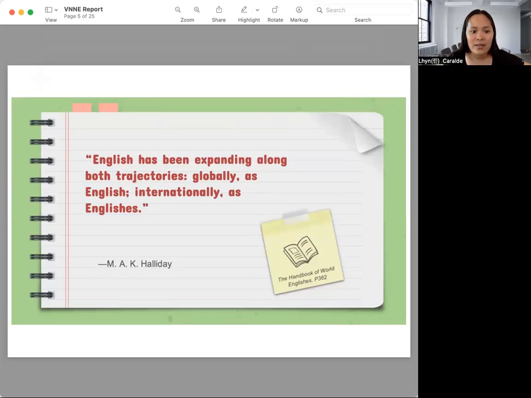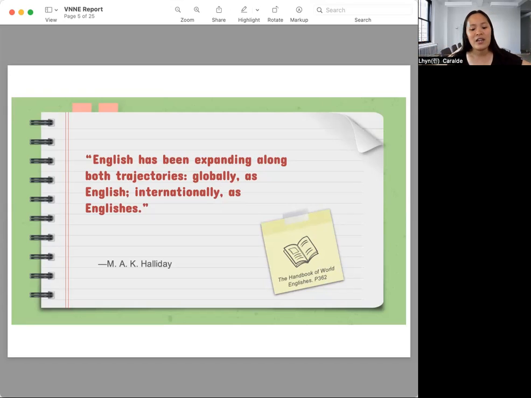According to the author of this chapter, Halliday, English has been expanding along both trajectories: globally as English, and internationally as Englishes. So it is expanding along this trajectory, meaning we're passing it on to other countries.